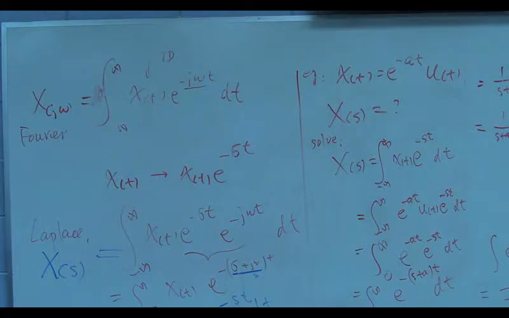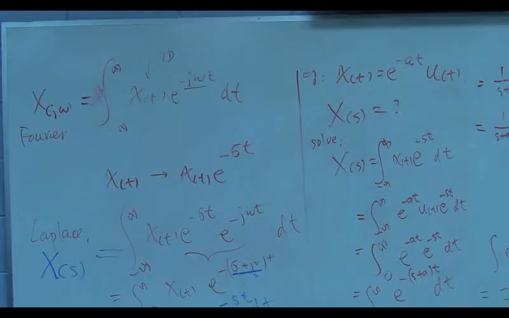We need to consider this, not necessarily we can do this. If s plus a is greater than 0, that means the exponent is a negative number. Then when t equals infinity, what is it?